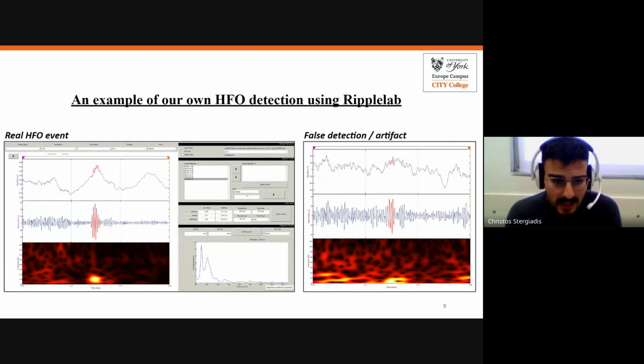They might look similar, but there are ways to differentiate between them. You need to be very, very focused to distinguish between the two. So you understand how difficult this is if you have 1,000 or 10,000 events and you need to distinguish between the two categories. Is it a real HFO event or not?